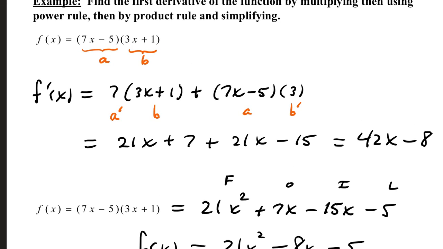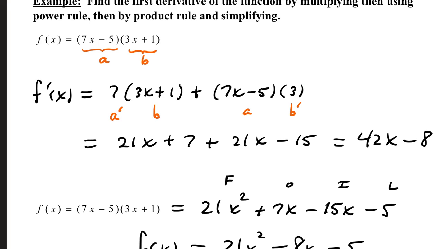So we're going to take a function that's a product of two terms, 7x minus 5 times 3x plus 1. So we have a product of algebraic terms. The derivative of the A group is 7, B gets left alone, plus A group gets left alone, times the derivative of the B group, which is 3.